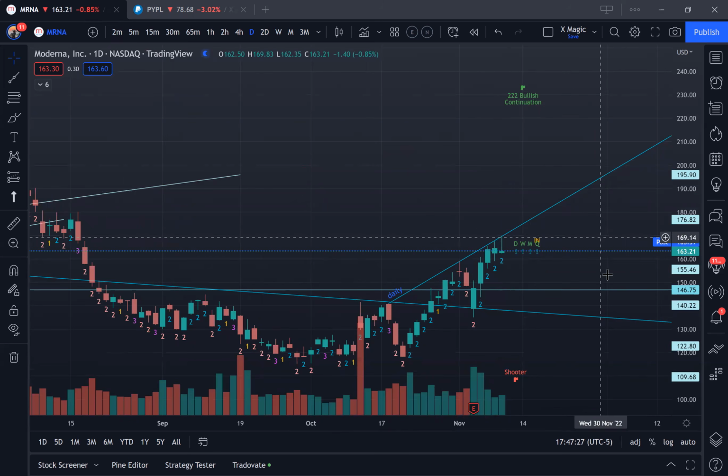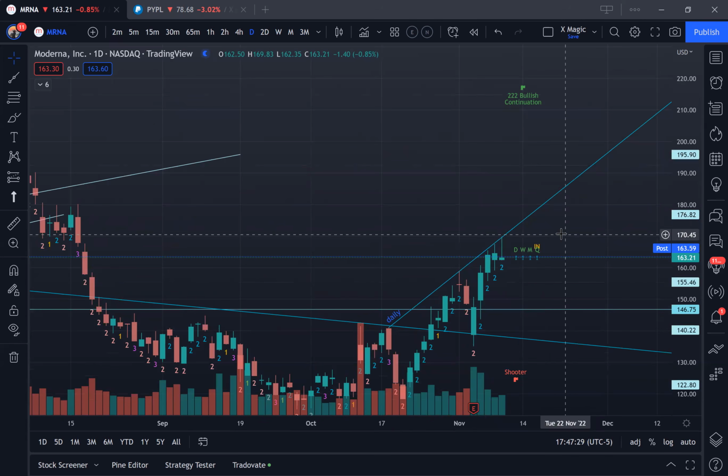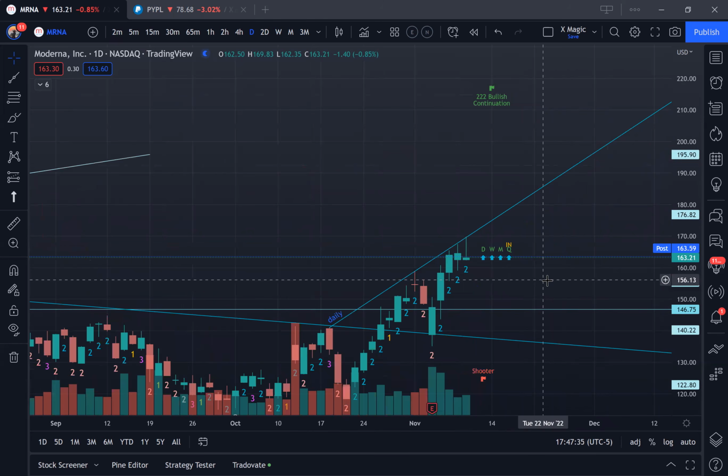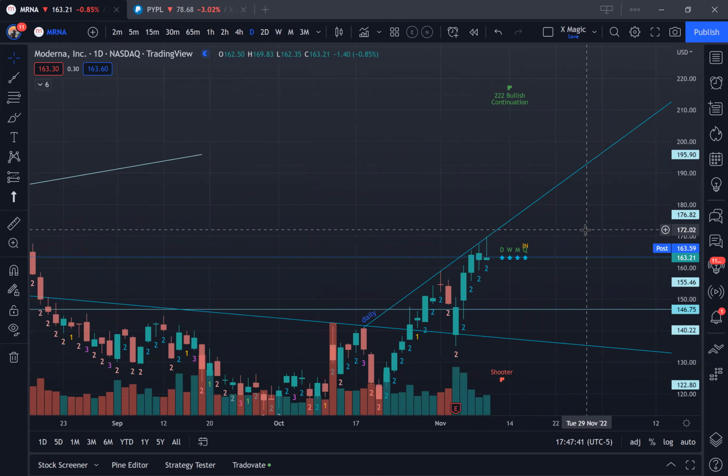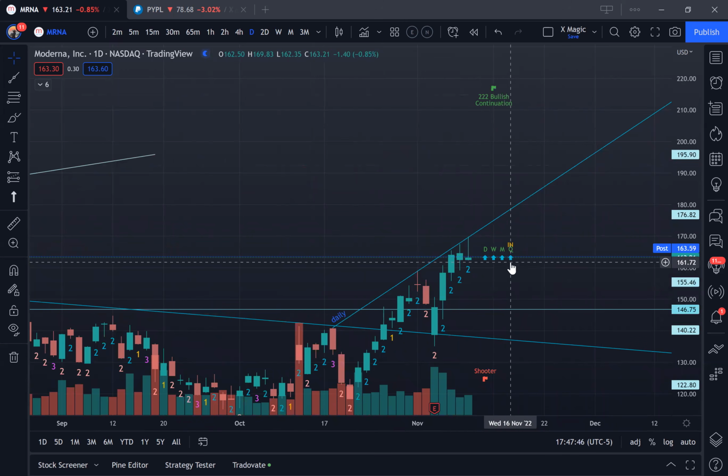I personally do not like to trade Moderna because of the contract spreads. However, I may consider shorting equity or just selling some premium on this. But yeah, Moderna, a big watch for tomorrow.